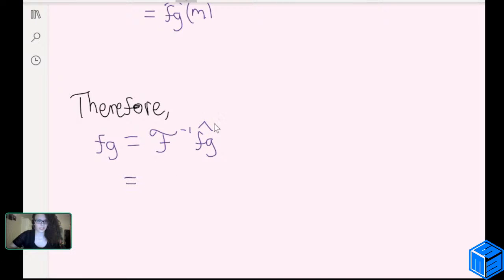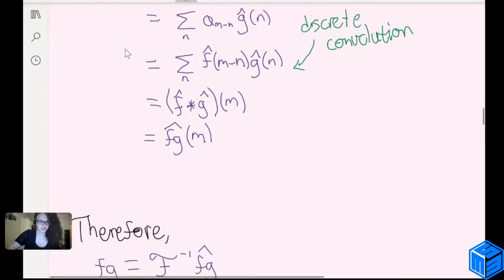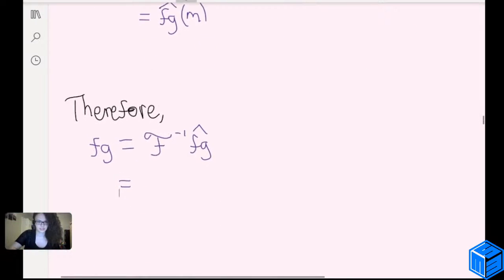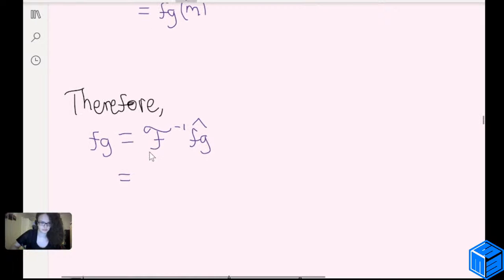And we can use what we just figured out above, so we can write our sequence fg hat as A acting on g hat.